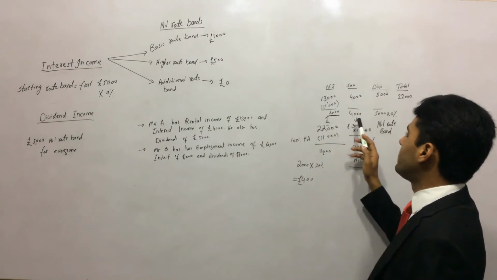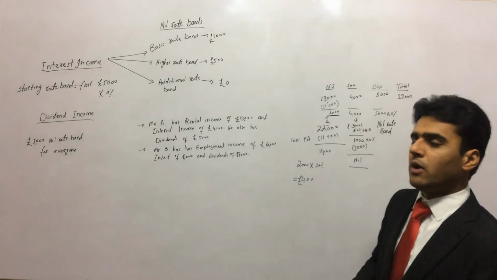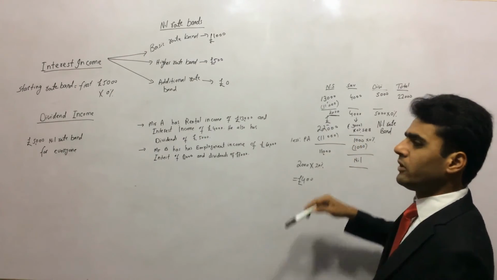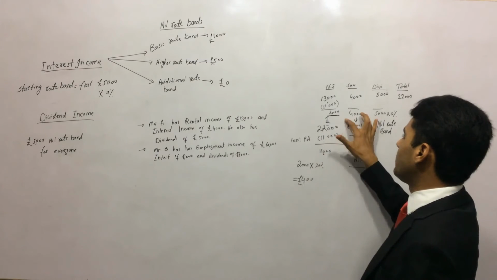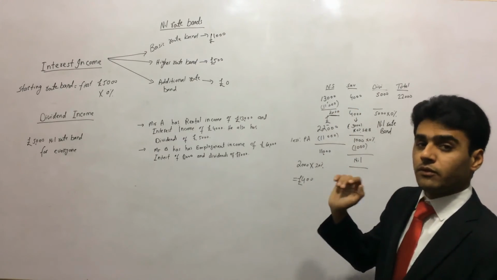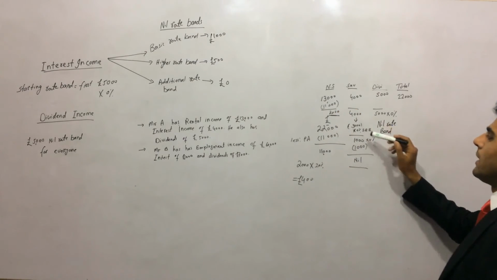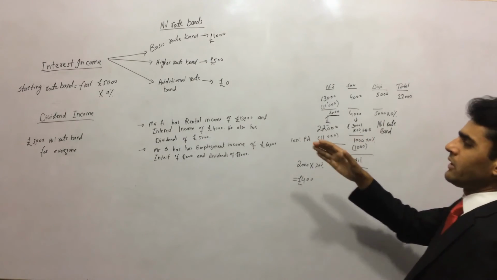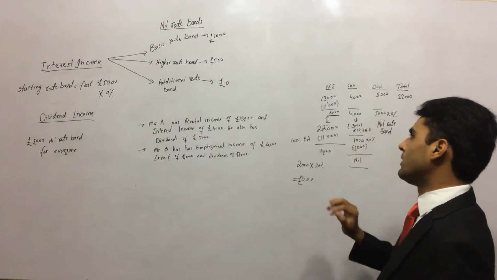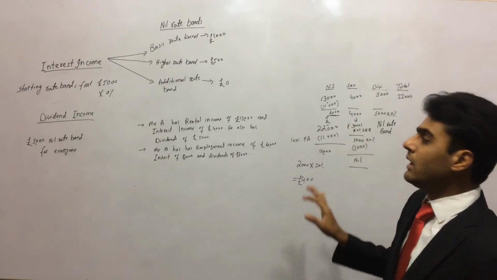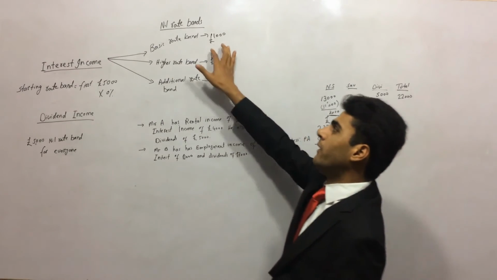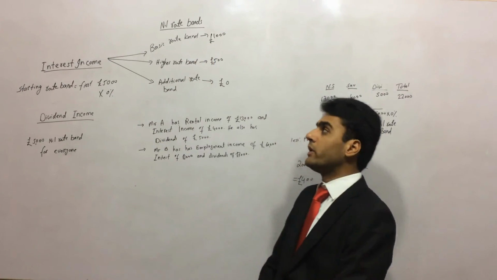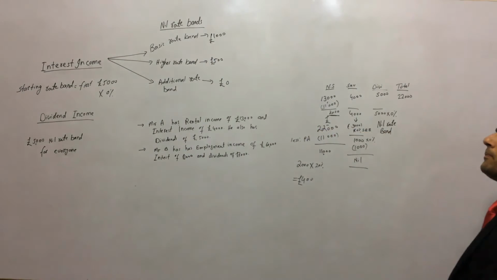How much of this savings income falls within the first £5,000? 2,000 plus 3,000. So we'll take 3,000 out of that to make it 5,000. So 3,000 will be at the rate of the starting rate band, so at the rate of 0%. The remaining is £1,000. It will also be considered at the rate of 0%, because he will get the nil rate band as well, as far as interest income is concerned.